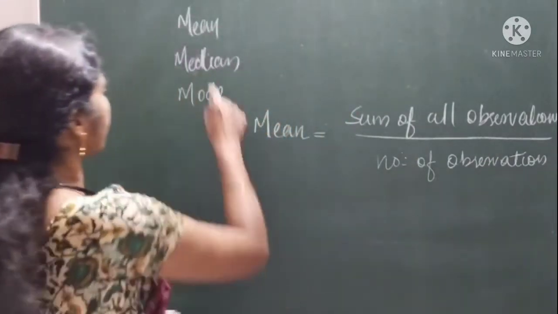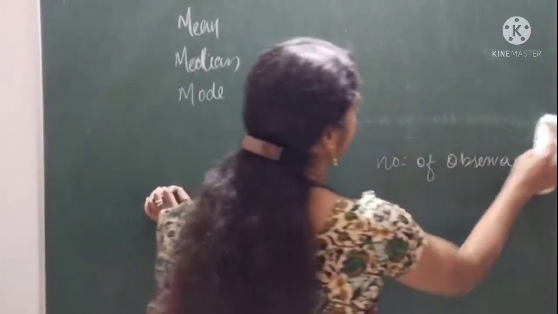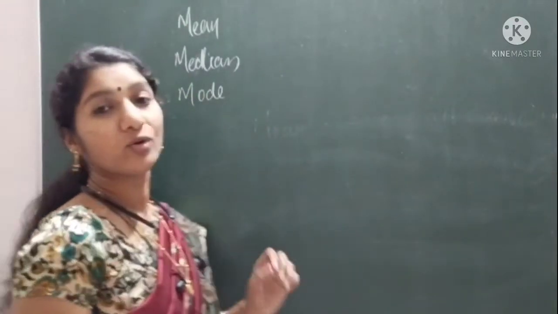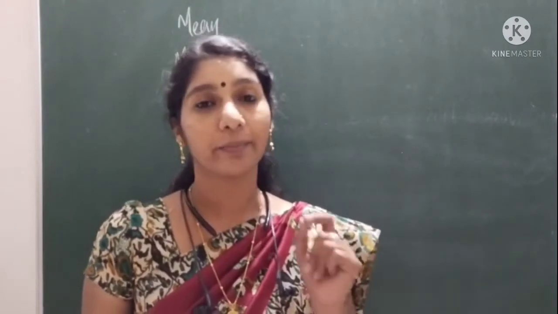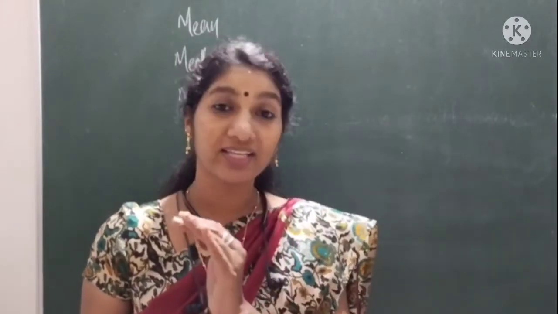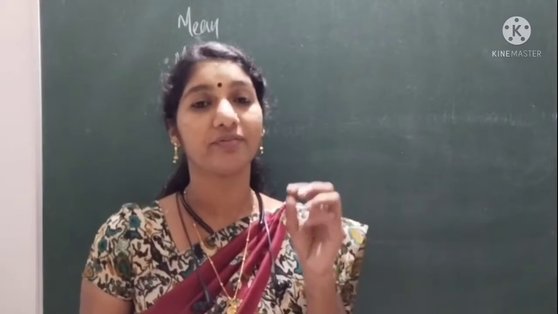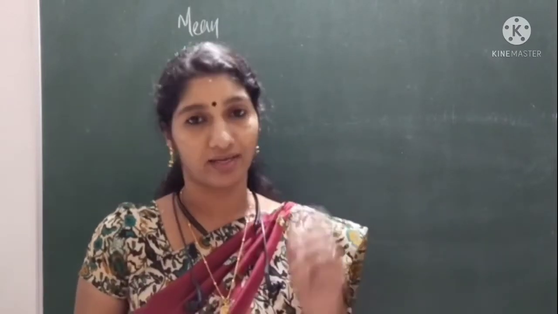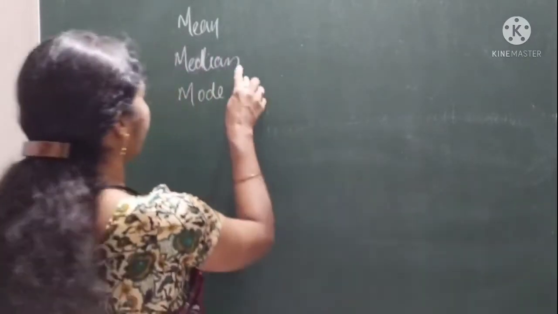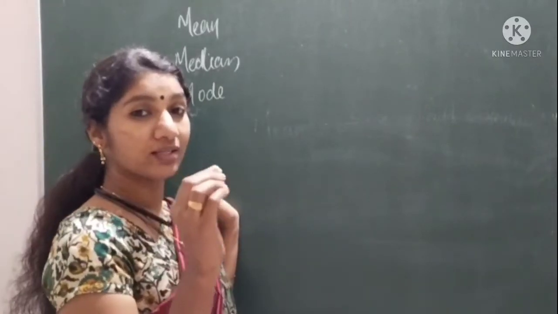And the next one is median. What is median? The middlemost value we are calling the median. That means we need to arrange the given data in an order and find which value is in the middle. So median is the middle value of the data.